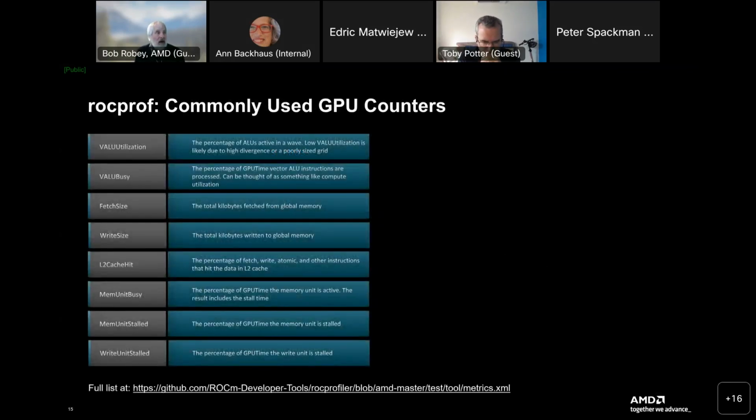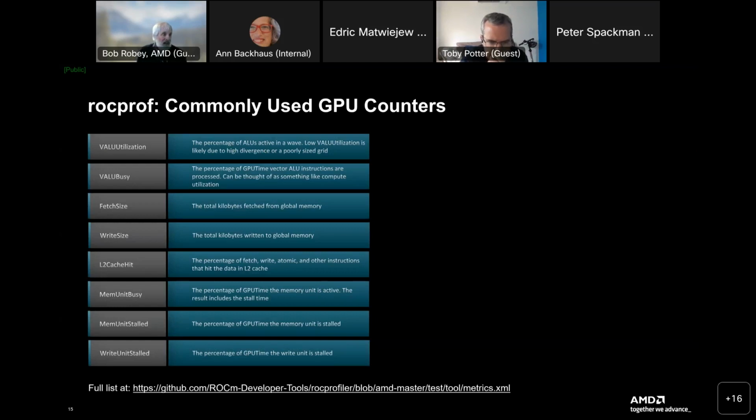So here are some commonly used GPU counters. The arithmetic logic units, the ALUs, we want to see if they're busy. We want to see how much memory is being read from global memory and how much is being written out.